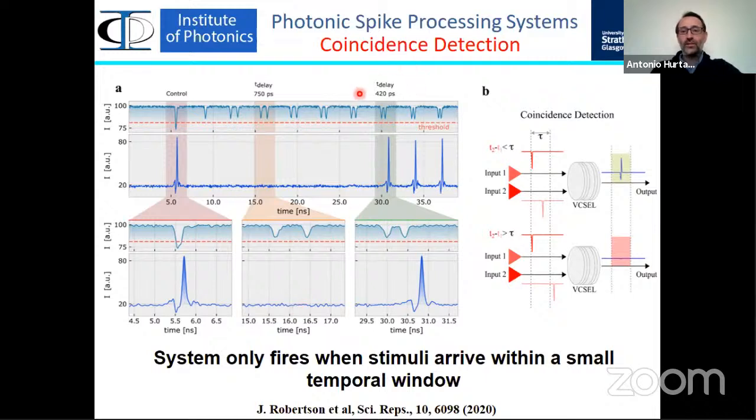However, if we reduce the time delay to less than 500 picoseconds, then their energies add up, their combined energy brings the system over the threshold, and we get a spike being fired. So we get this ability to do rapid detection of coincident arriving signals, which could come from different sensing elements.